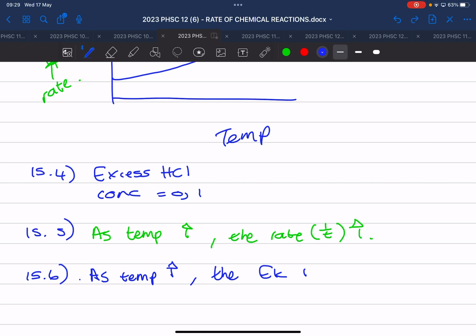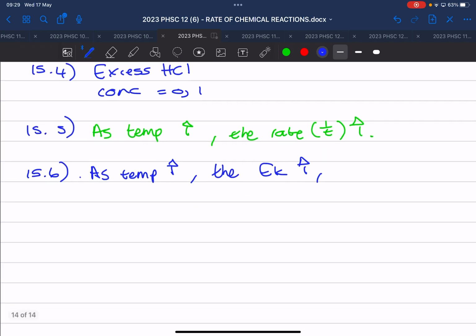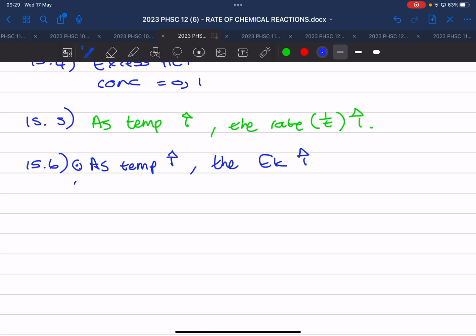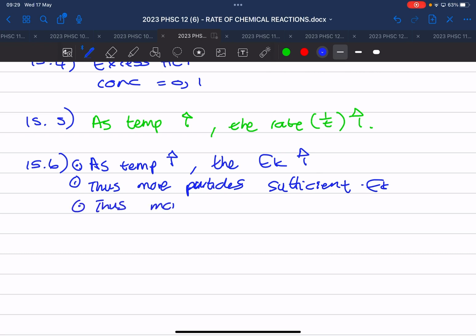More particles have sufficient kinetic energy, yes? So more effective collisions per unit time.